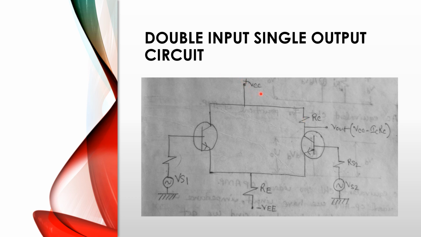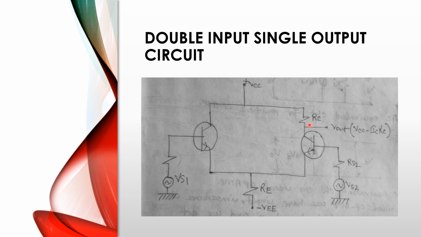This is the modified version of an op-amp. So from here we get the output, that is Vout. Vout equals VCC minus ICRC. Why Vout equals VCC minus ICRC? Vout equals the voltage of the positive supply VCC minus ICRC.